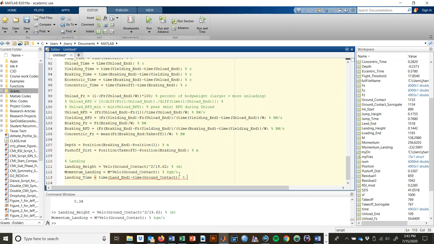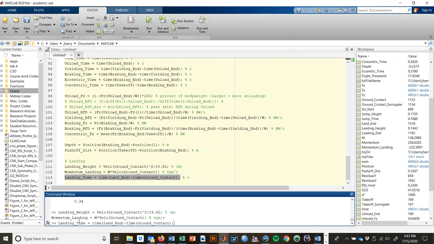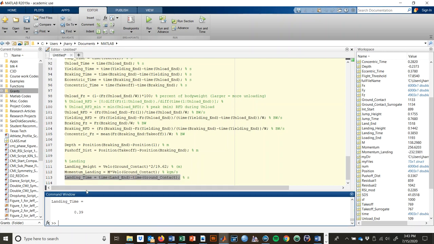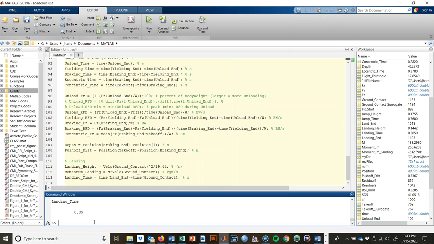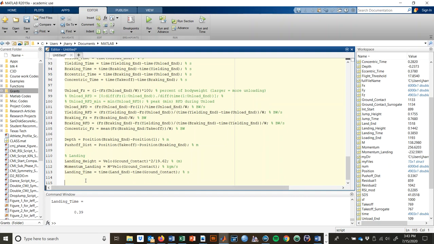That'll be in units of seconds. If we run through this variable, it's 0.39 seconds to complete the landing. So to terminate that downward momentum, which is 232.5 kilogram meters per second, it took 0.39 seconds. Right, so some landing performance characteristics.